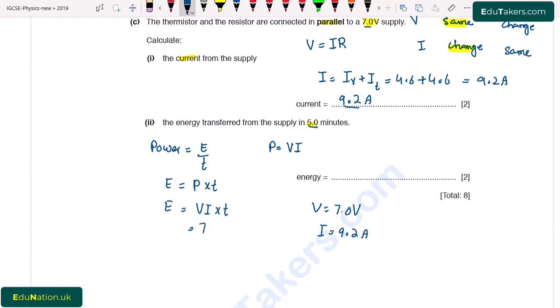I write here 7 multiplied by 9.2 multiplied by 5. This time is given in minutes. We have to convert this into second and multiply it with 60. So the energy comes to be 19,000 joule. So I write here energy is equal to 19,000 joule.